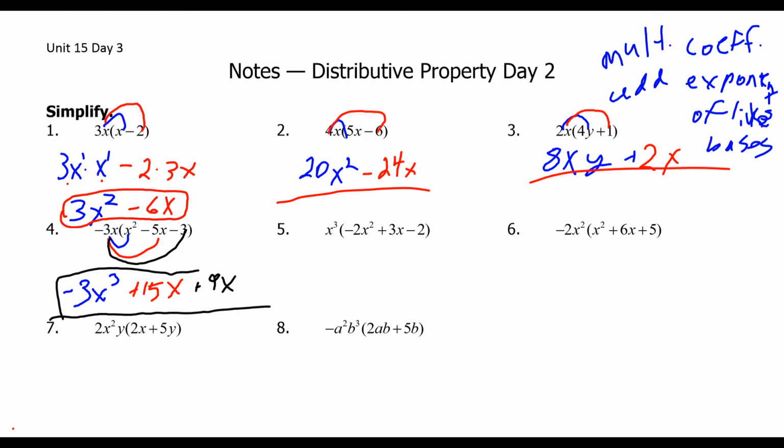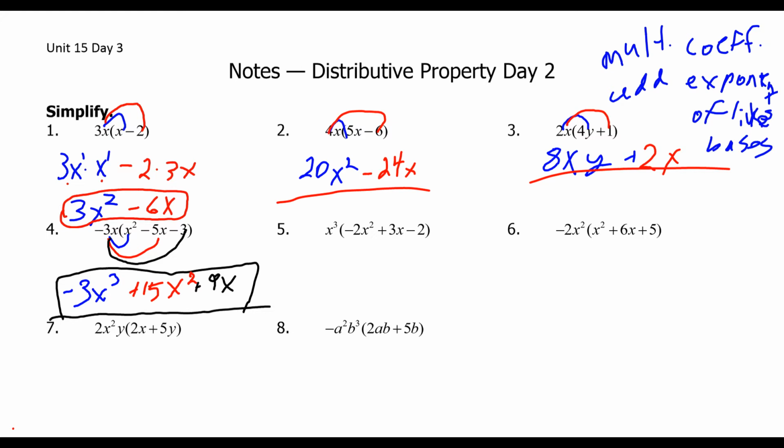And there we go. All I did was I multiplied the coefficients together, and I multiplied the variables with the exponents together. And whenever you go to do that, you got to add those exponents together. Little mistake on this one. Negative 3x times negative 5x is actually 15x squared. There we go.